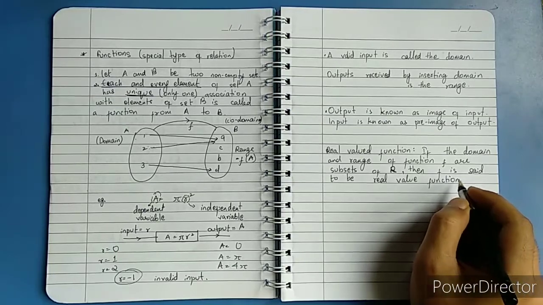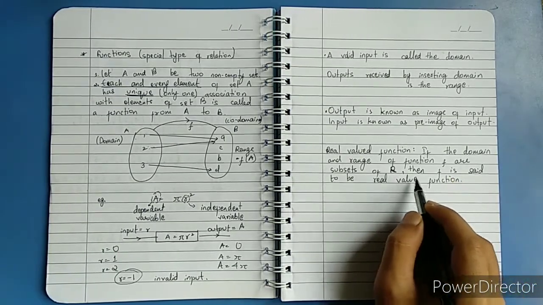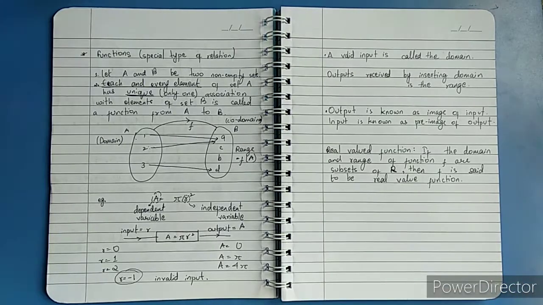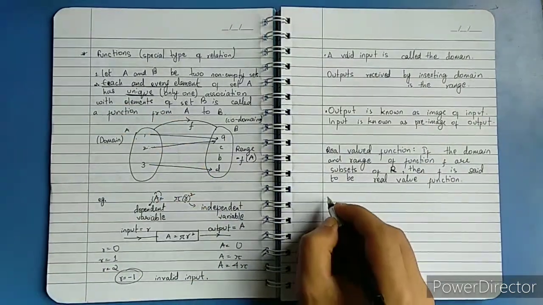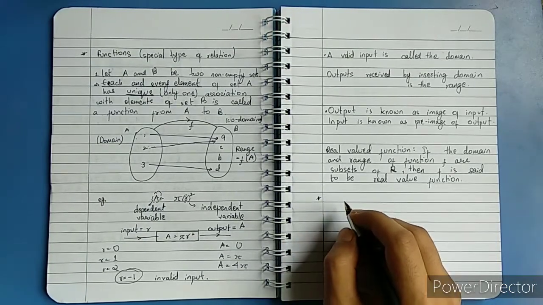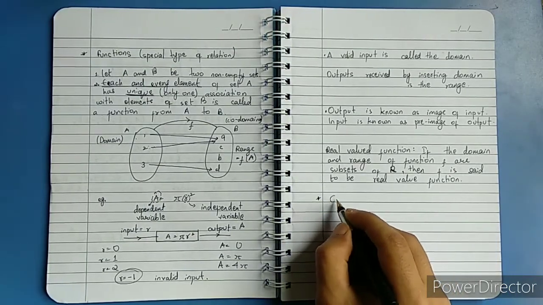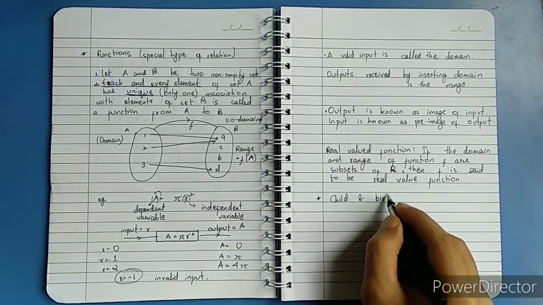So if the domain and range both are real numbers, then we say that the function is a real valued function. Okay, to understand the domain and range and this statement more properly, let's see a rule. This is not an official rule, this is for your understanding. I call it the child and birth mother rule.